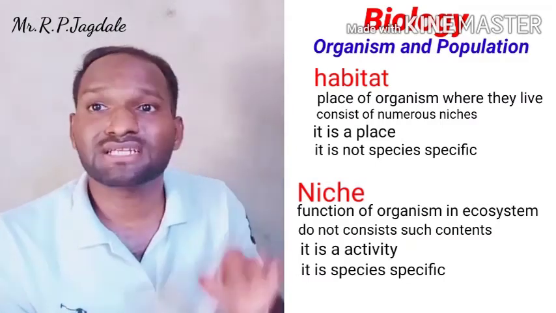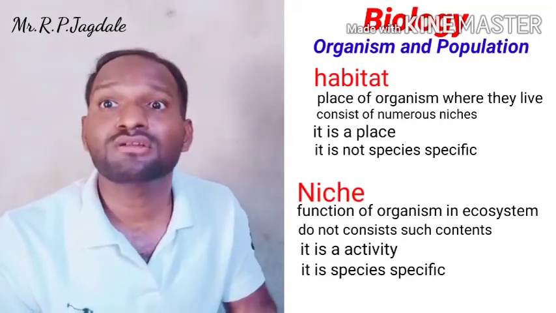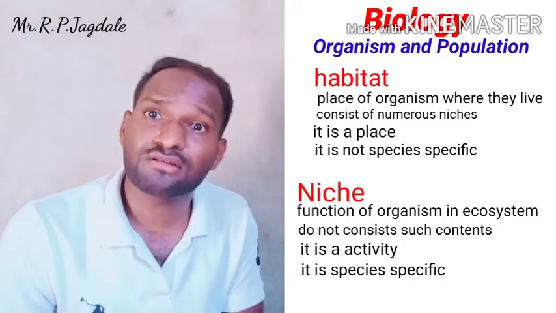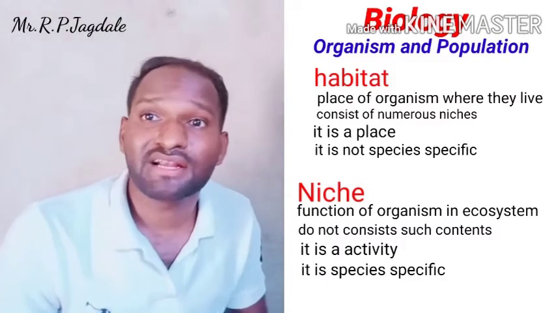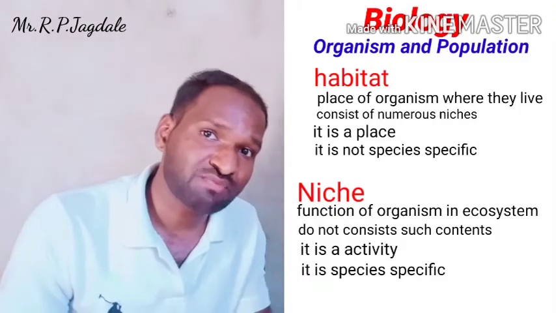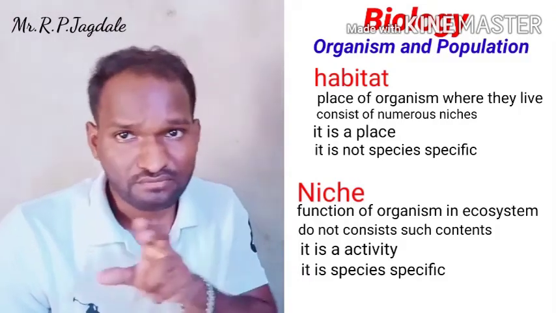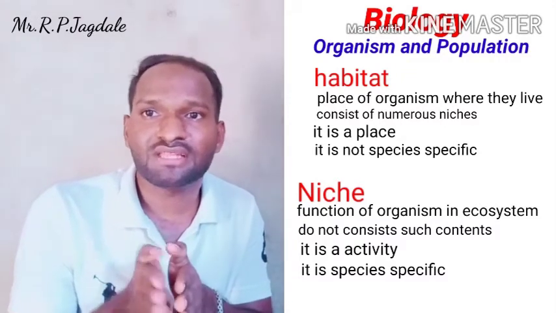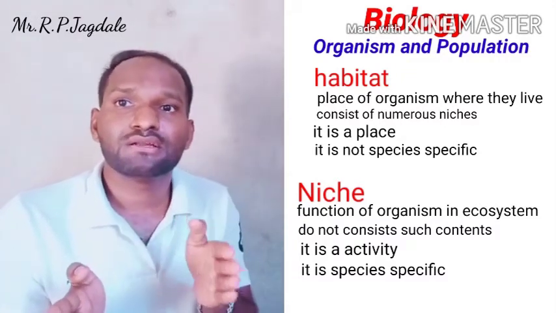The function of the tiger is different, the function of the rabbit is different, the function of the snake is different, the function of the fishes is different in the environment. So niches are species specific and habitat is not species specific. This is the major difference between habitat and niche.